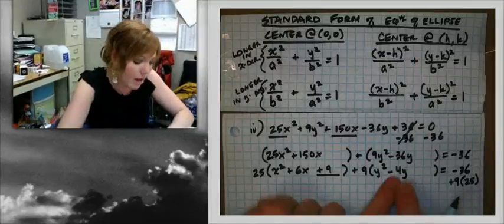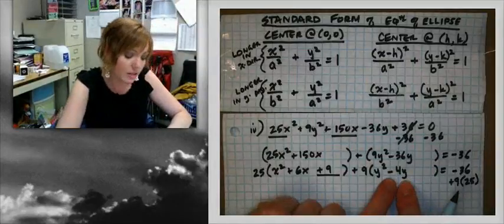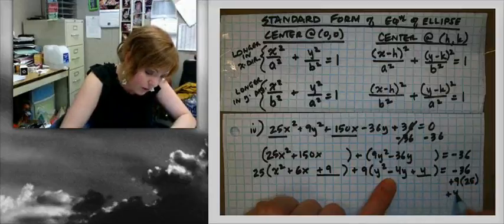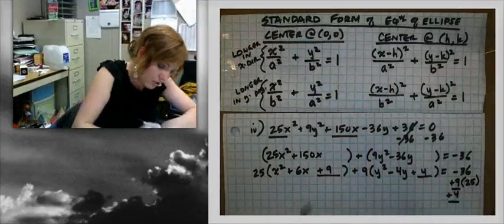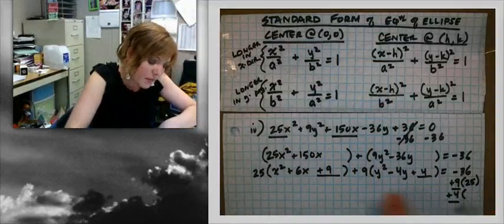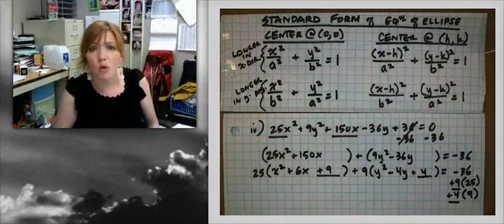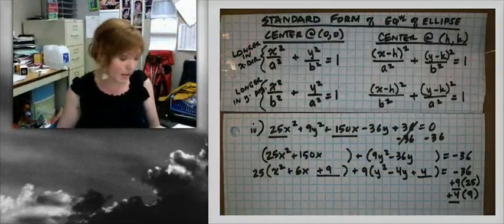Same thing here. Half of negative 4 is negative 2, and negative 2 squared is 4, so we add a 4. I'm going to keep these underlined so you don't get lost. This 4 is being multiplied by a 9 on the outside, so we have to multiply that 4 by a 9 on the other side to keep it all balanced.